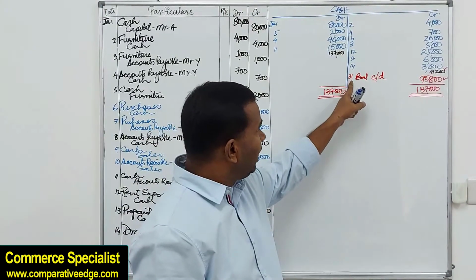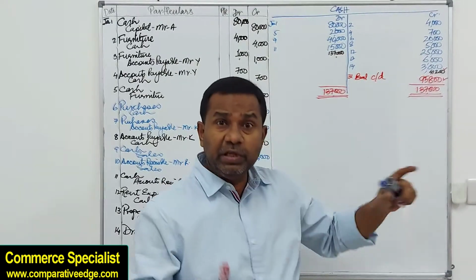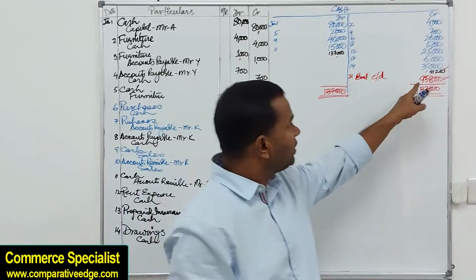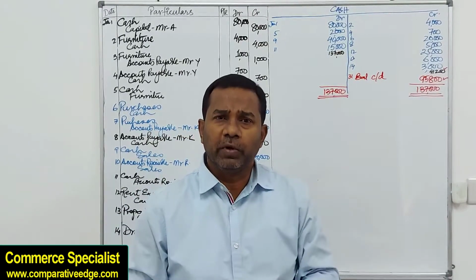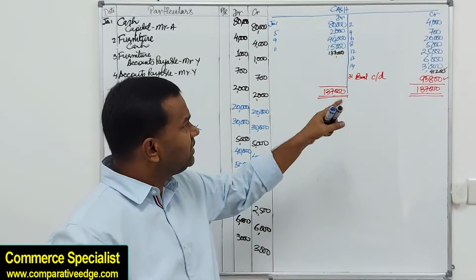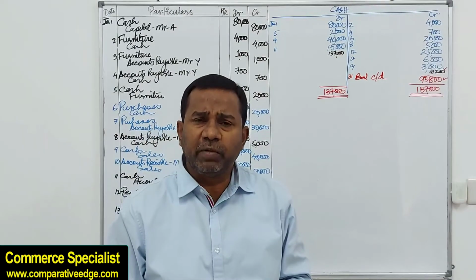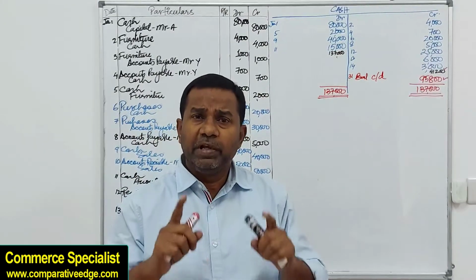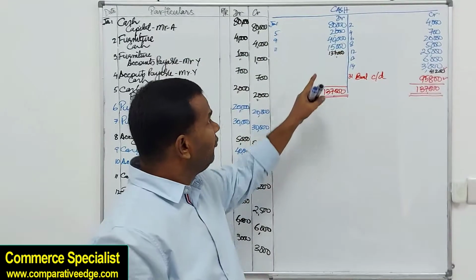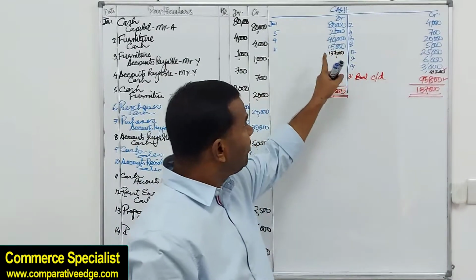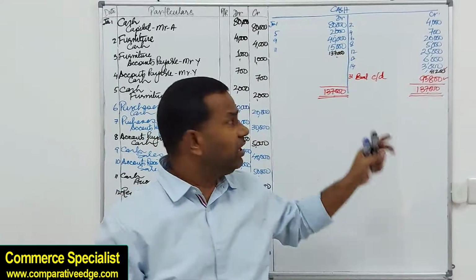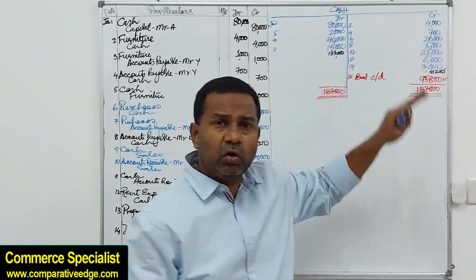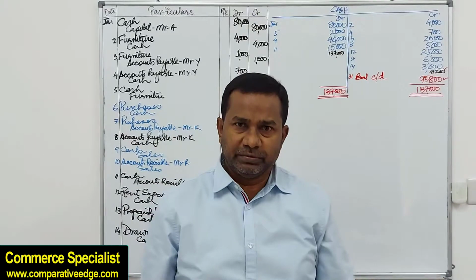So, end of the month, balance carried down means closing balance, which is 95,800. The most important question, is this 95,800 a debit or a credit balance? Please remember, which side was greater? Debit side was greater. So actually it's a debit balance, but written on the credit side, the lower side, just to equate the T account.